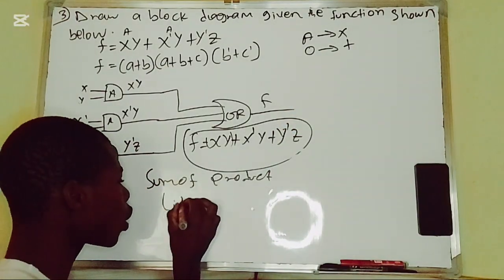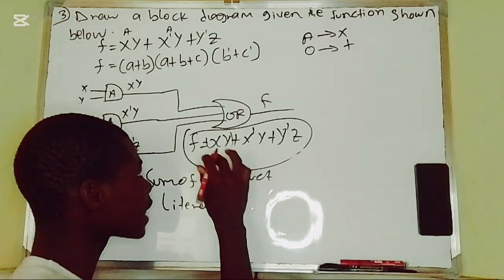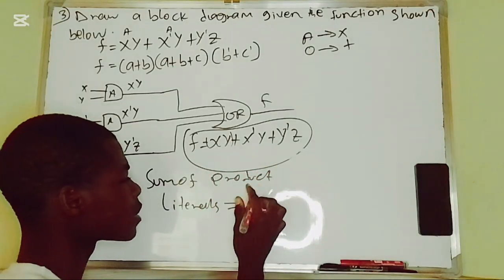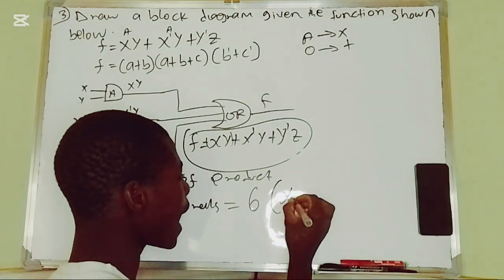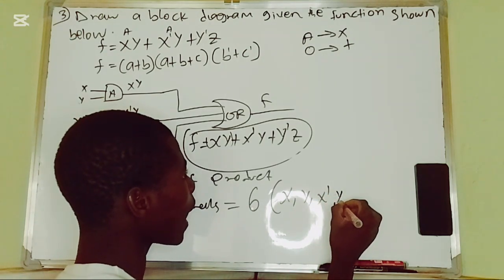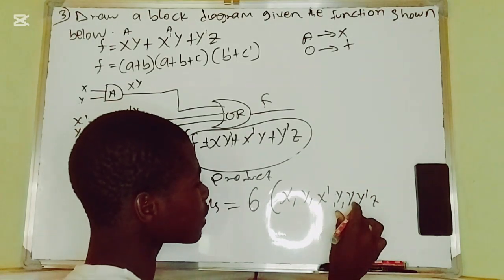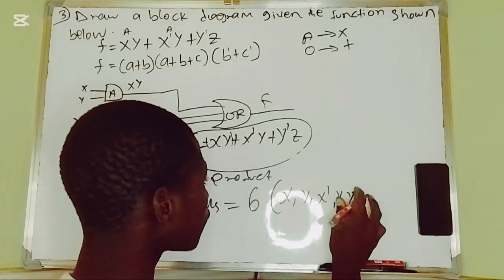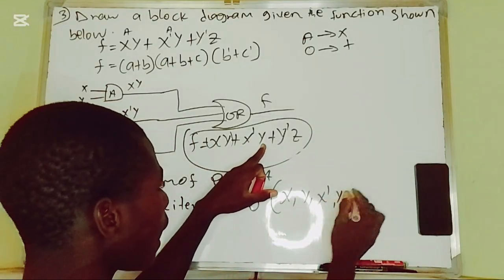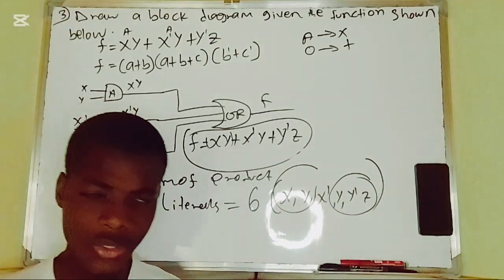So there is something that we call literals. Literals mean how many variables you have here: 1, 2, 3, 4, 5, 6. So we have 6 literals, which are X, Y, X prime, Y prime and Z. Three and three, so I have 6 literals.